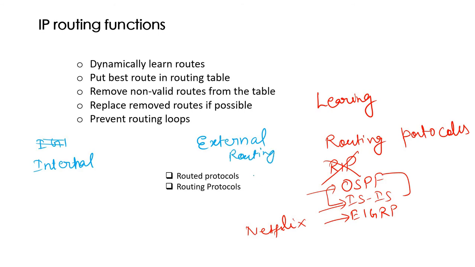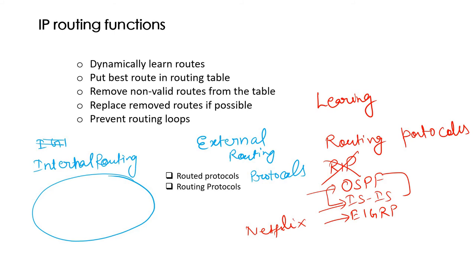Internal routing protocols run in the same network, or more precisely the same autonomous system, meaning the routers are owned by the same company, or where the number of routes is less.